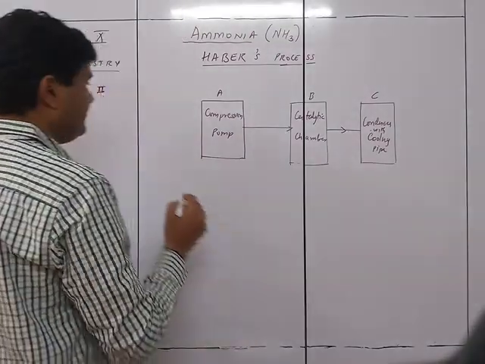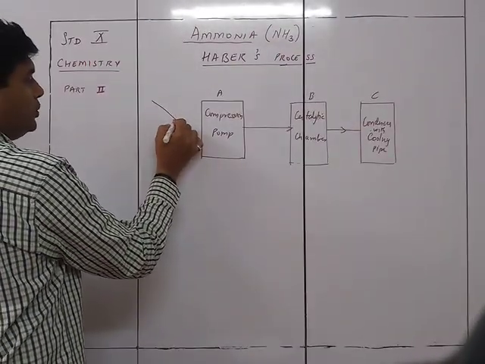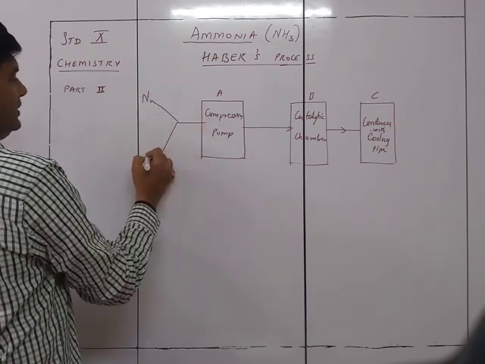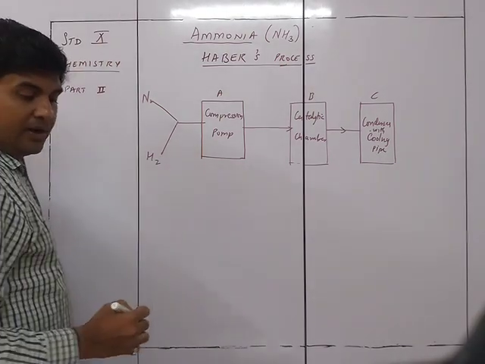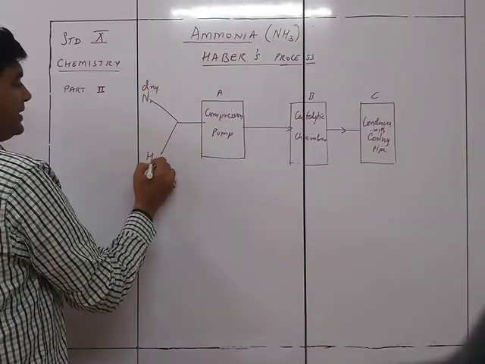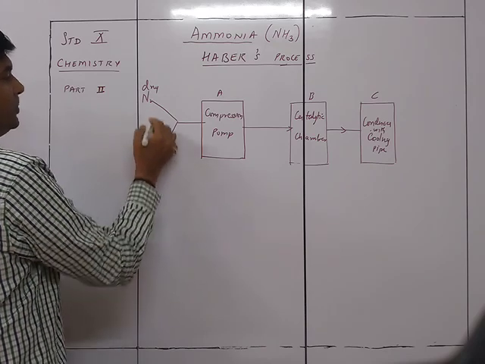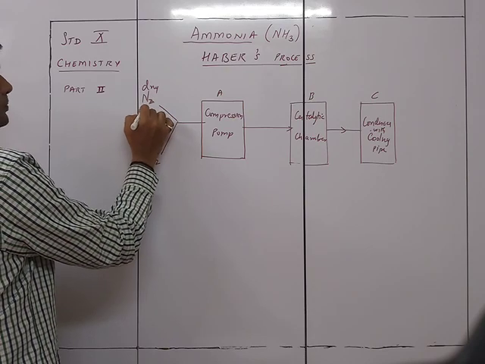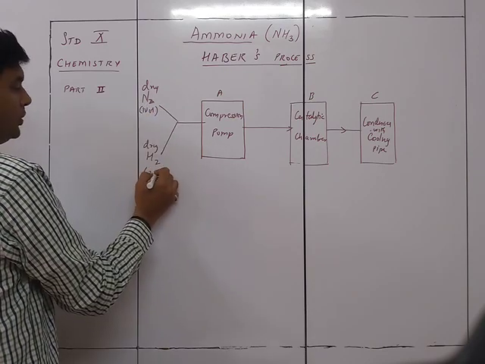Now firstly, the raw material to be used will be, of course, nitrogen and hydrogen. Dry nitrogen and dry hydrogen are going to be taken in the ratio of 1 volume to 3 volumes.